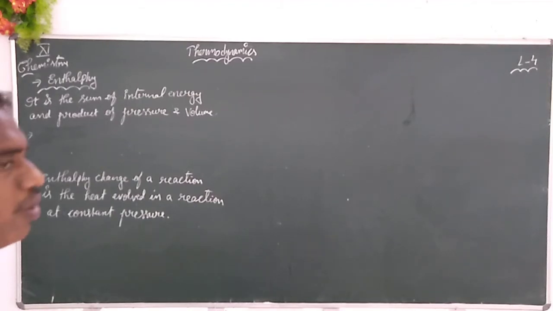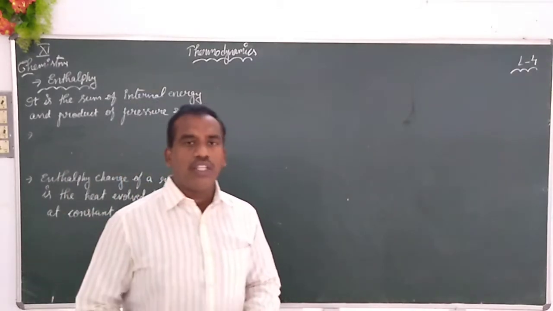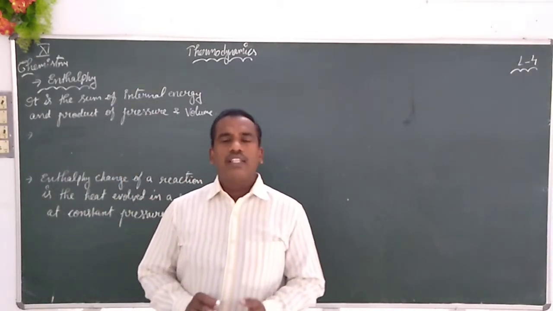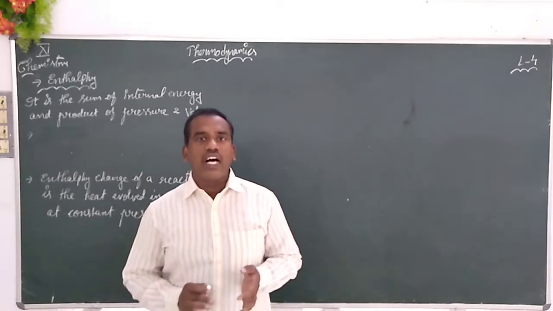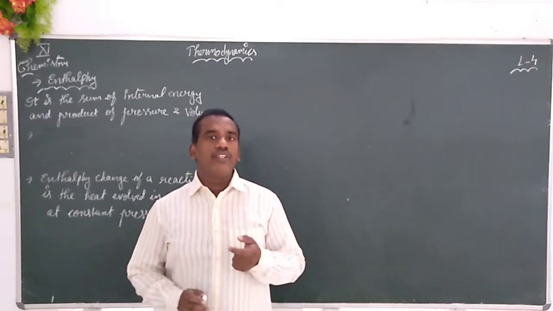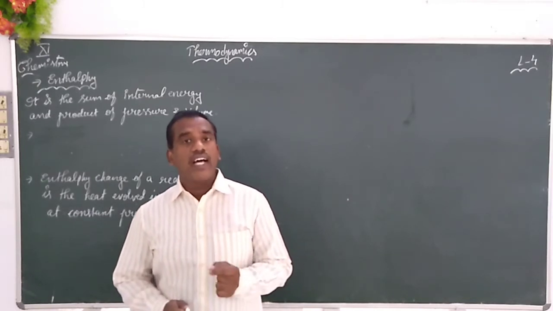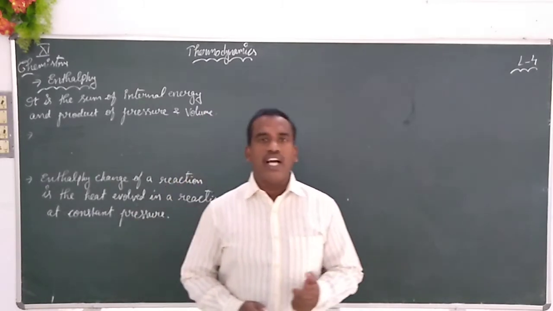In this video, we are going to see a very important term of this chapter, thermodynamics. The term is enthalpy. Hereafter, you are going to use this word very frequently. Enthalpy. What is meant by that?